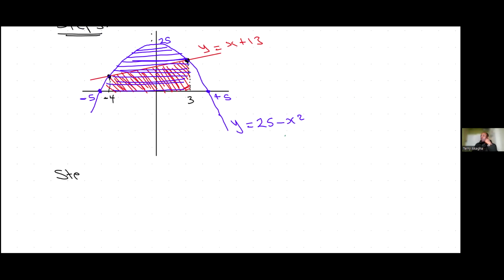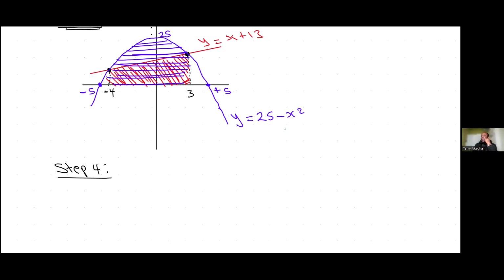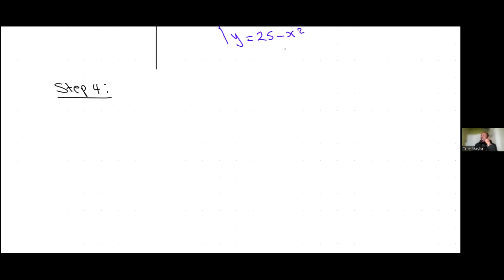So step 4. I'm going to integrate the curve now. We're integrating between 3 and minus 4. We have 25 minus x squared. The same principle I taught you for the definite integral: you open the bracket.